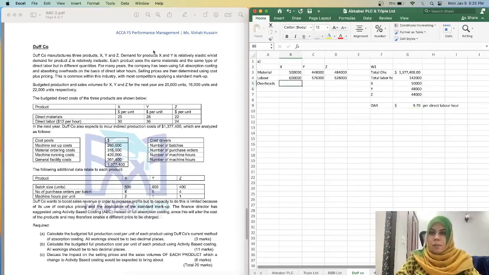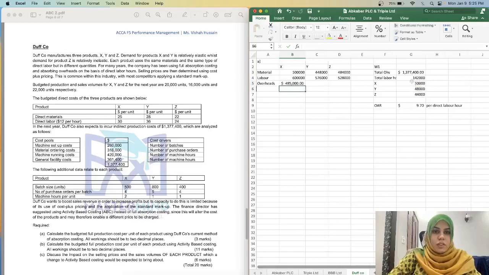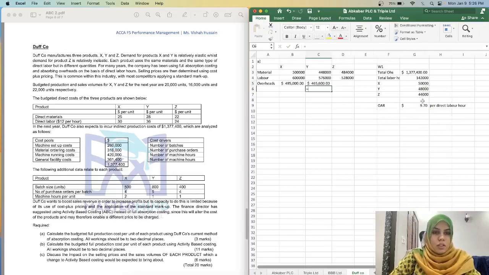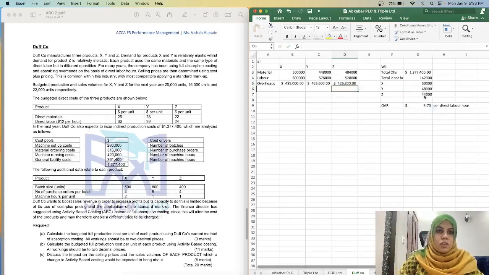So simply all we need to do is multiply 9.7 into 50, into 48, and then into 44.